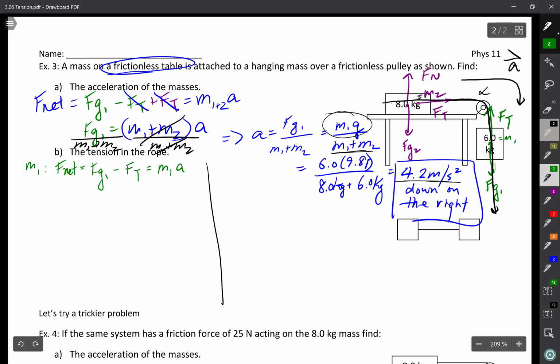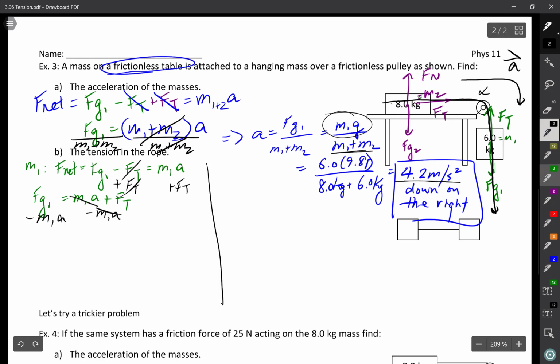Now I'm going to solve for the tension force. I'm going to move it to the other side, and after I do that, I have Fg1 equals M1A plus Ft. And moving M1A to the other side.